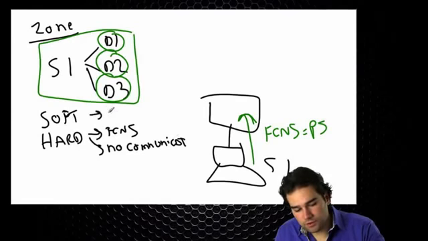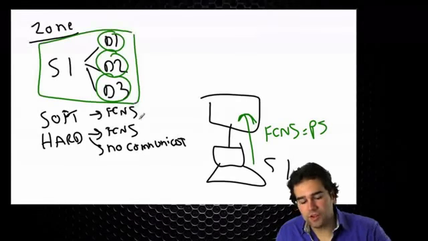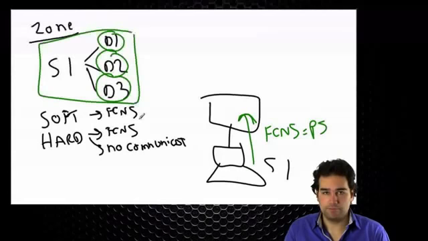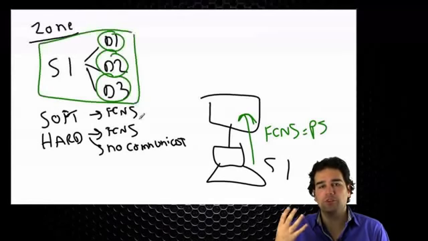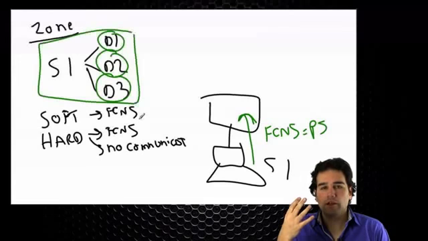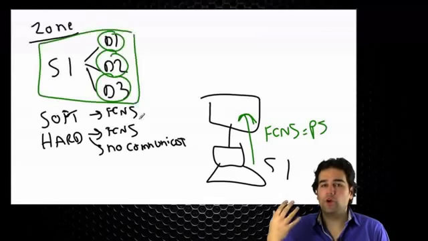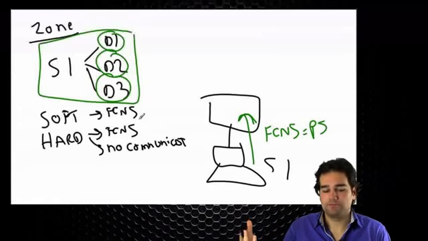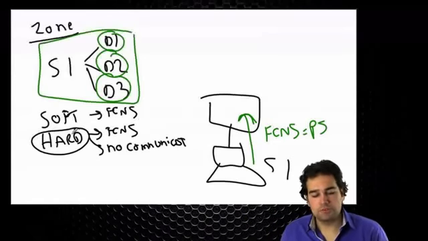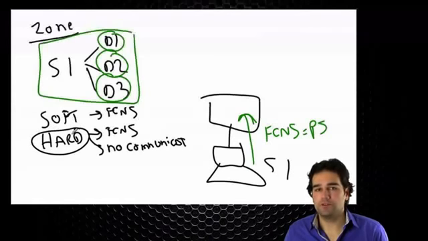In soft zoning, all I do is spoof that fiber channel name server reply. So I will only reply with, hey, you have access to disk 1, 2, and 3. But if you happen to know the fiber channel ID of disk 4, I will not limit you. All the switches by default use hard zoning. Nobody uses soft zoning.